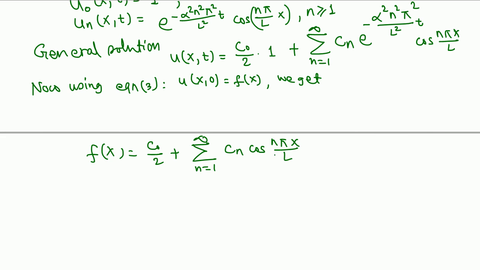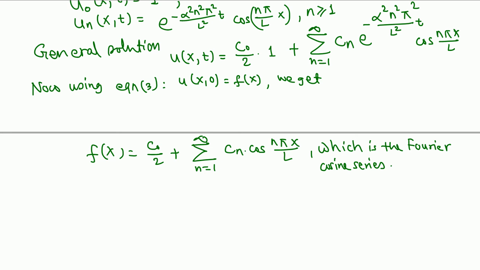And by the way, this is the Fourier cosine series for the function f, which has the period of 2l.